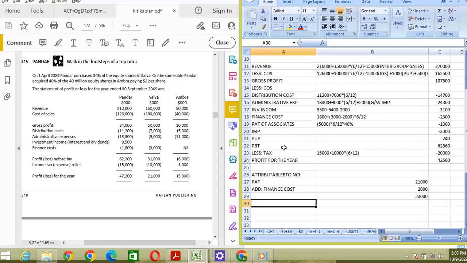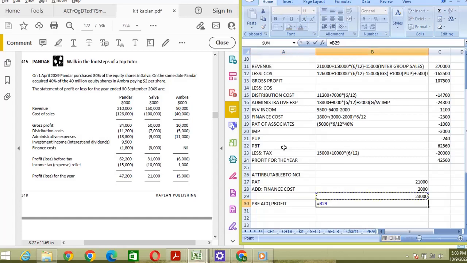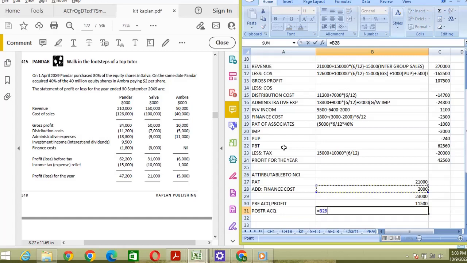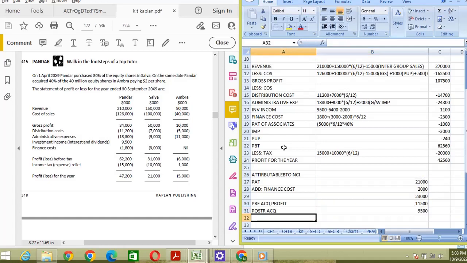Then we will take the pre-acquisition profit, this into 6 divided by 12. 11,500 is pre-acquisition. So post-acquisition equals 21,000 minus this 9,500.